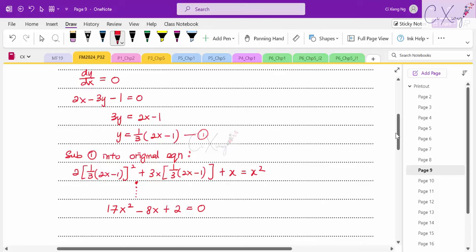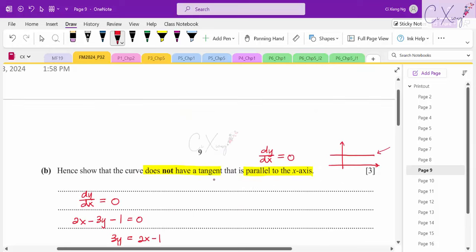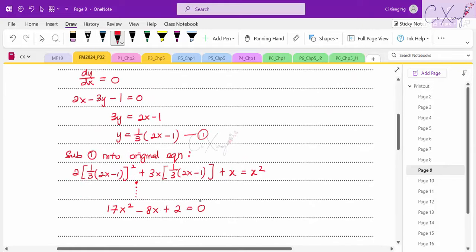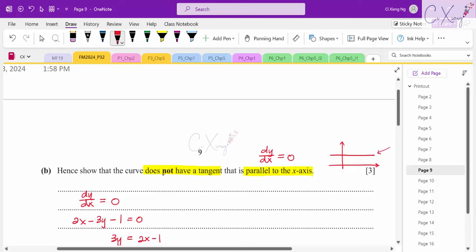If you can get the value of x from this quadratic equation, that means this value of x has a tangent parallel to the x-axis. But now we hope that we won't get any value of x, because they want us to show that the curve does not have any tangent parallel to the x-axis.